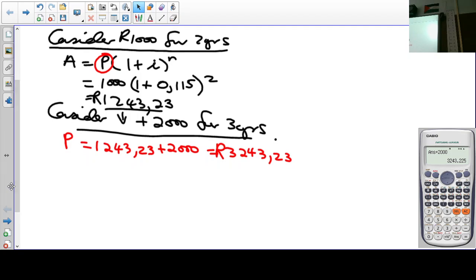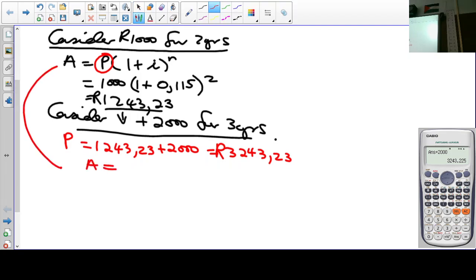So what happens now? Again, as we said, that formula is going to be reused. So your P value is now 3,243 rand and 23 cents into what? 1 plus 0,115 to the exponent 3. Punch that in a calculator.